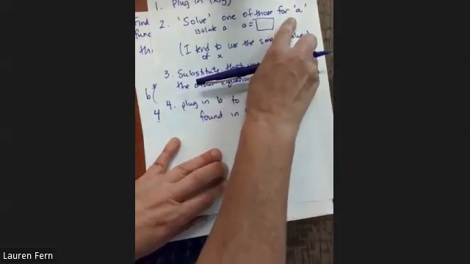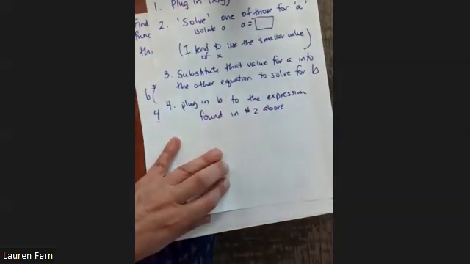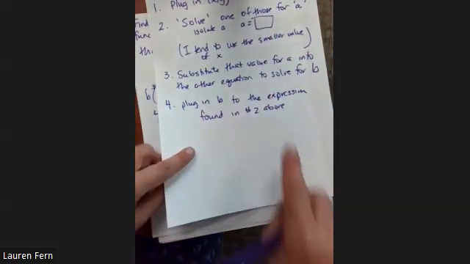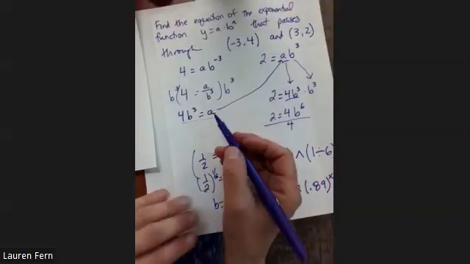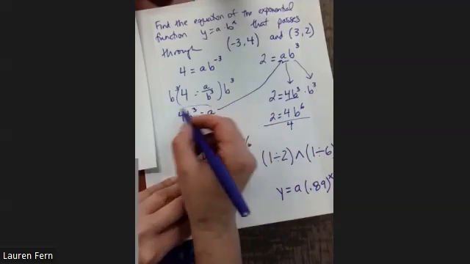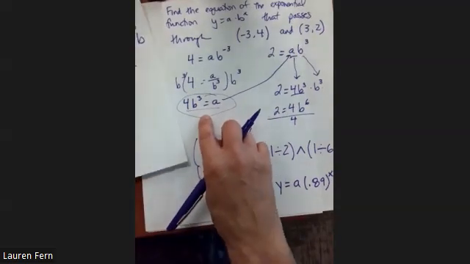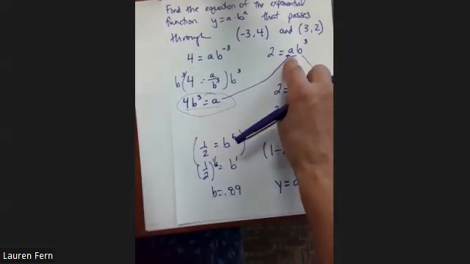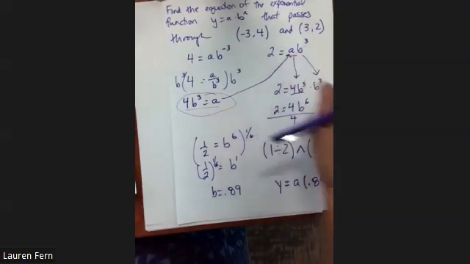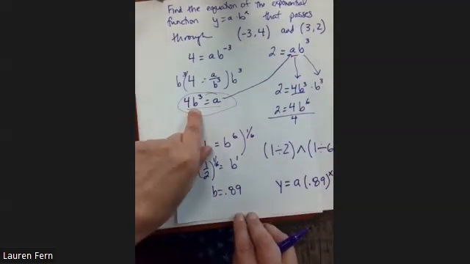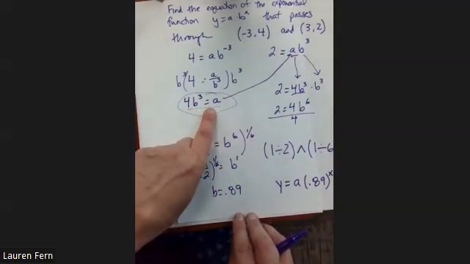Remember how we got a by its lonesome in terms of b? Right? Didn't we have a is equal to 4 times b cubed? Isn't that the expression that we found that we substituted in the other one? Well, now we have b is 0.89. So can I find a? How?